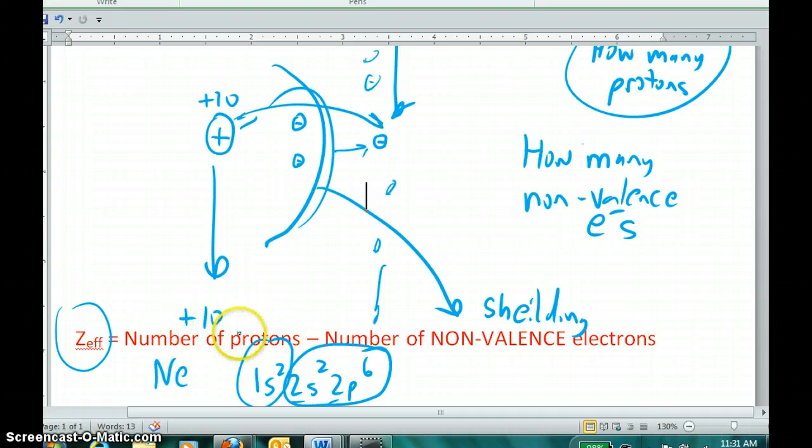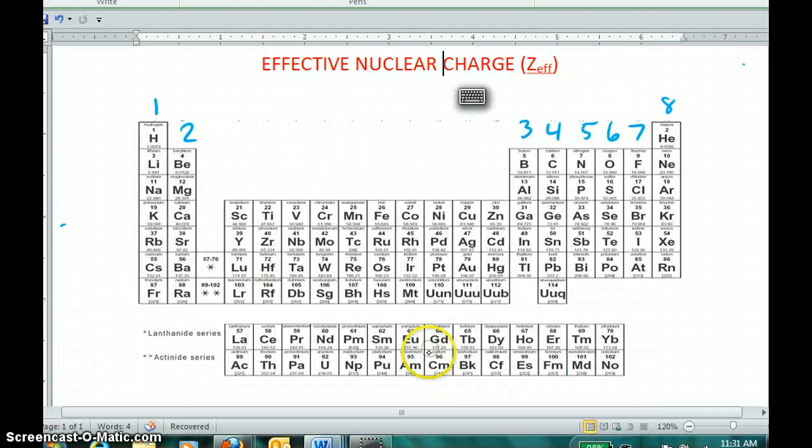Therefore, it's simple to calculate the effective charge. A plus 10 pull from 10 protons minus 2 electrons shielding these electrons from that nucleus, and that is a plus 8 effective charge for neon. Now, coincidentally, or not coincidentally actually, if we look at a periodic table, neon's in group 8, main group 8.